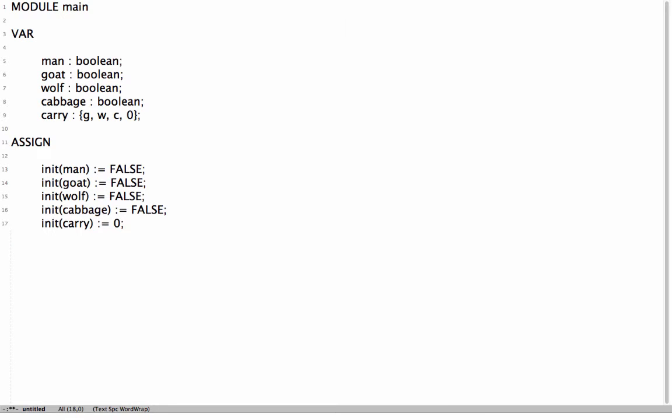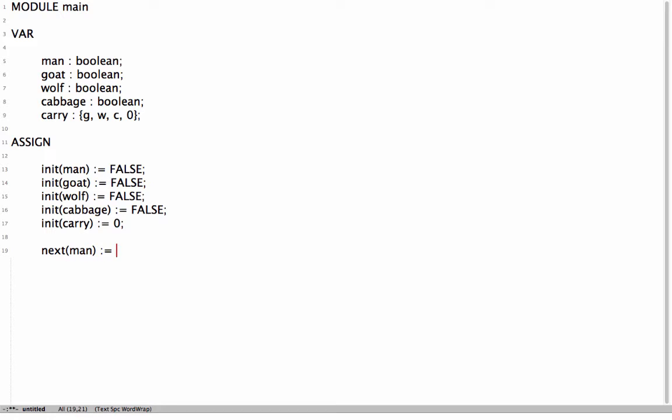Okay, what we now need to do is, these variables define the state of the system. The values of the variables will tell which things are on the left and which things are on the right, and what was the latest thing that was carried. Based on this set of values, we need to define next. What is next of man?